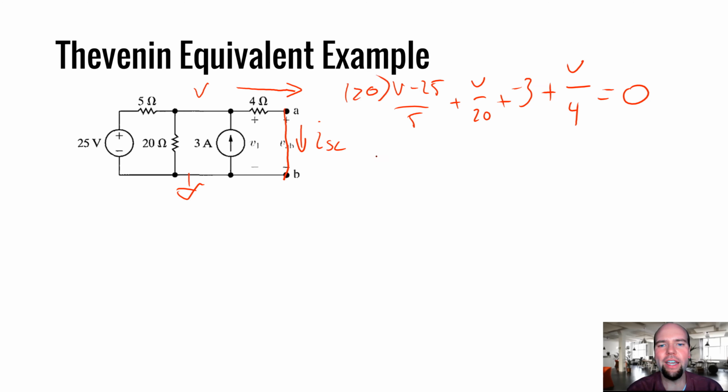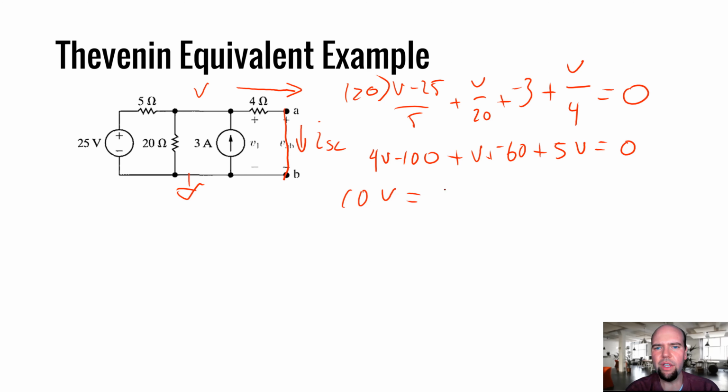Multiplying it through by 20, I get 4V minus 100 plus V plus -60 plus 5V equals 0. So now I have 10V equals 160. So now I have V equals 16.